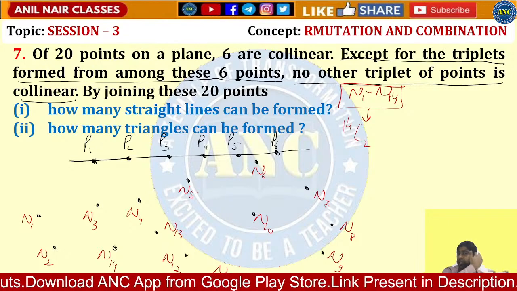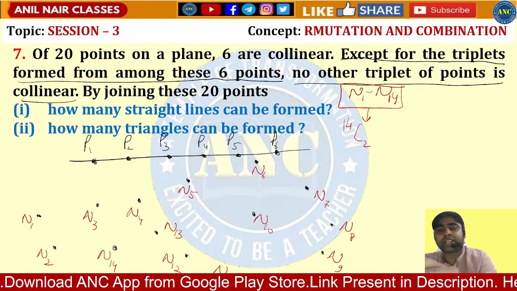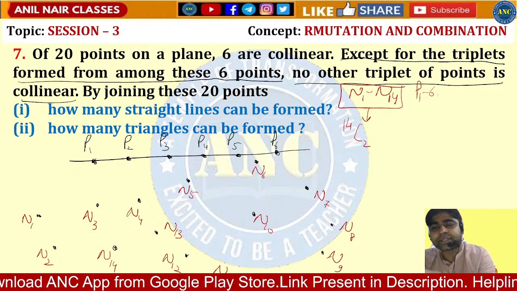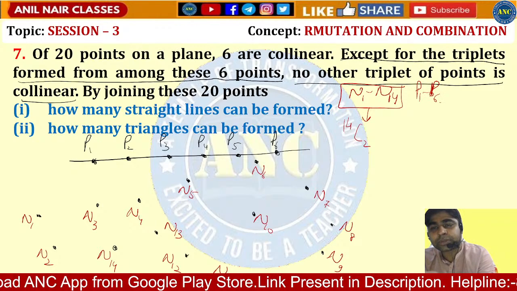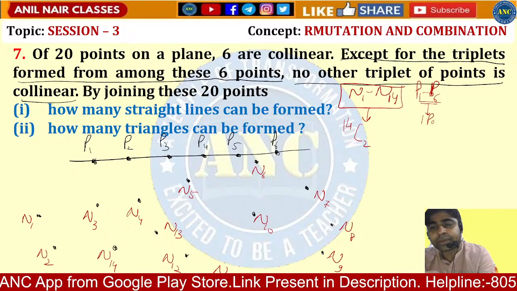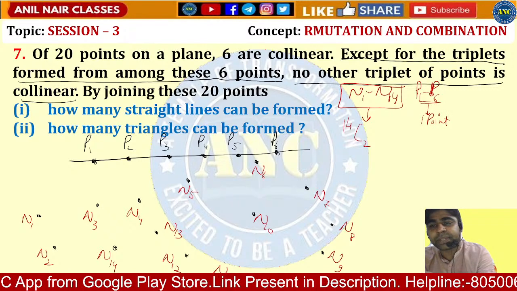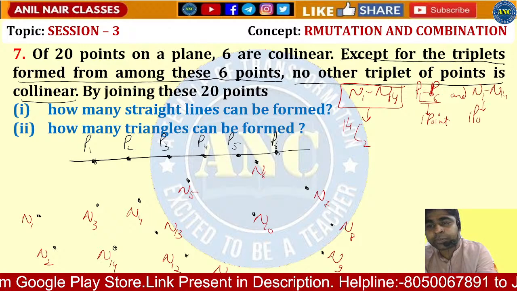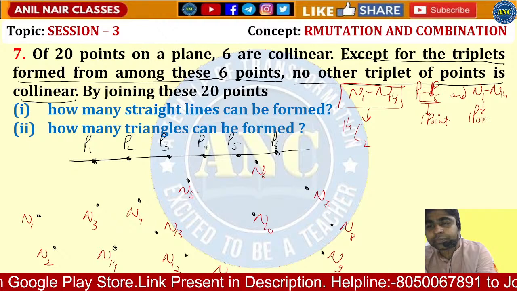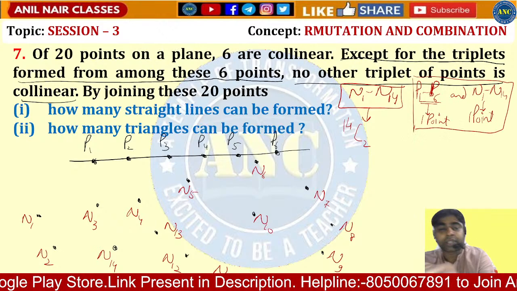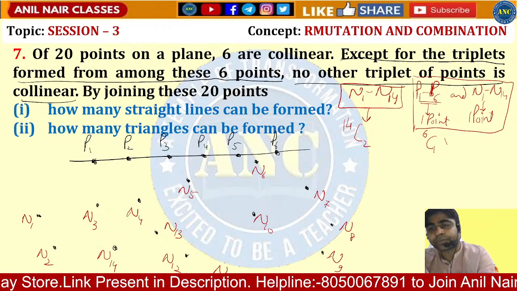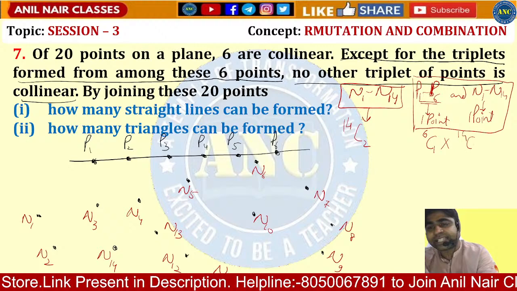Right? And choosing 1 point from P1 to P6 and 1 point from N1 to N14, that will also form a line. So what would that be? 6C1 and 14C1.